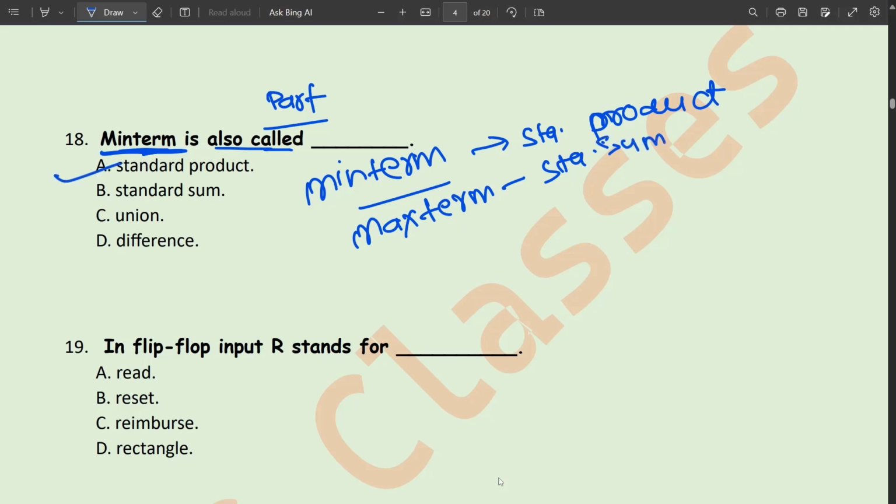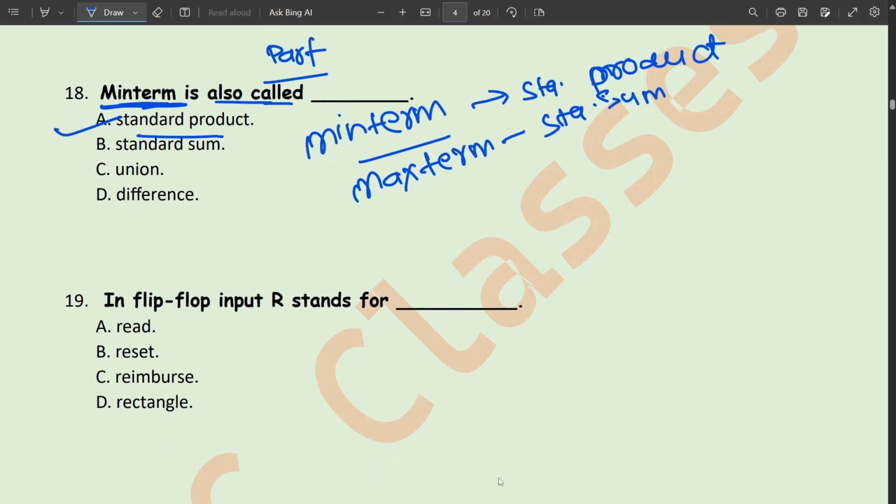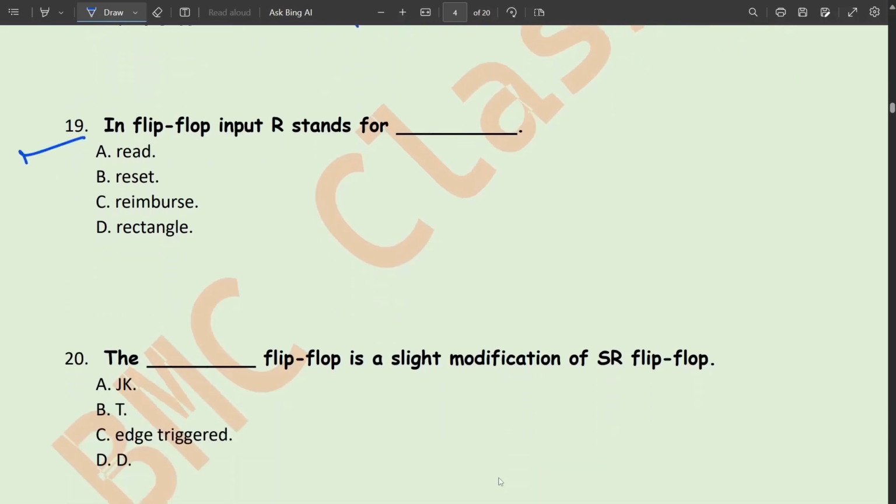So here the answer is option number A, standard product. Next, in a flip-flop, input R stands for reset. Option number B is correct.